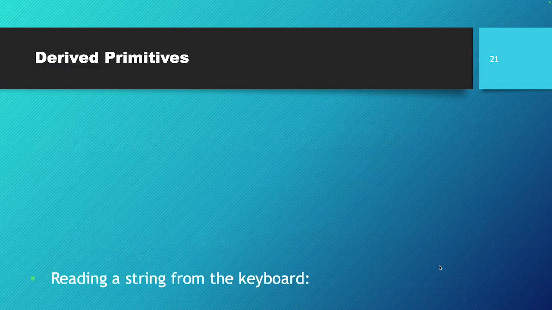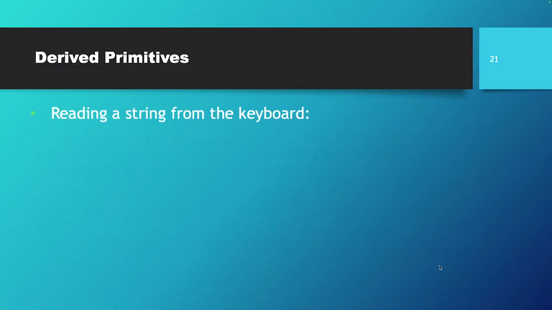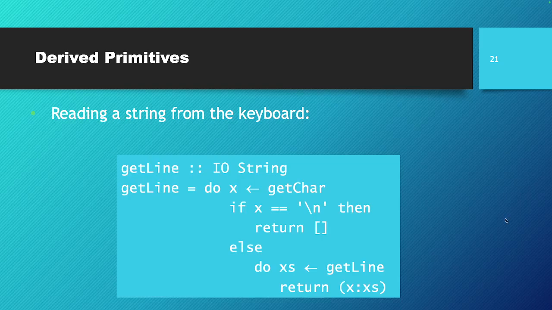Okay, so we might want to read a string from the keyboard. Remember the three basic ones were getChar, putChar, and return. So we want to use this to build up reading characters and returning a string.